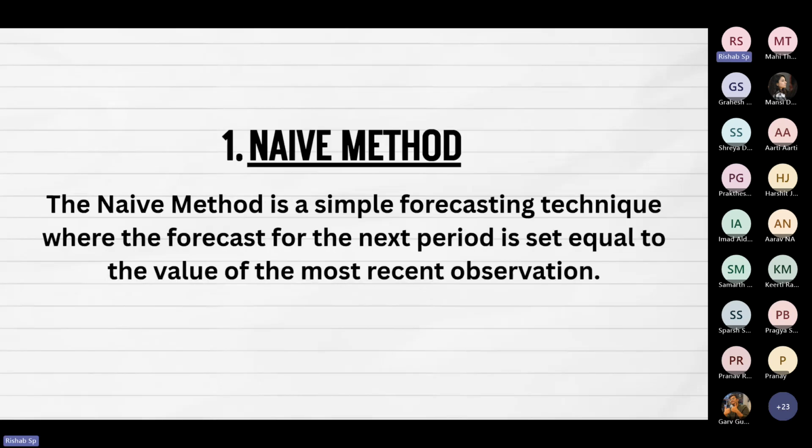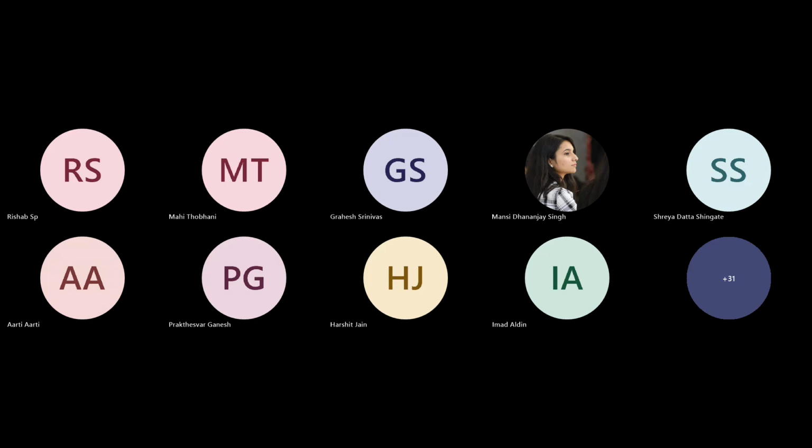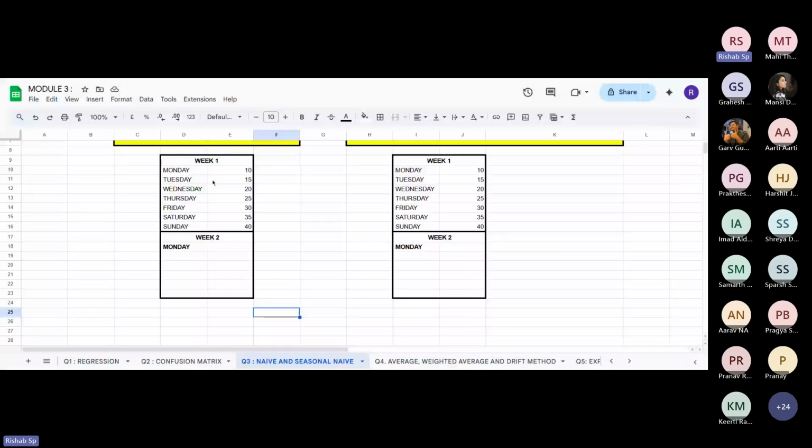First one is the naive method. What is the naive method? Naive method is a simple forecasting technique. I think better I'll show it in the Excel itself. So we have the naive method. We have data, right?